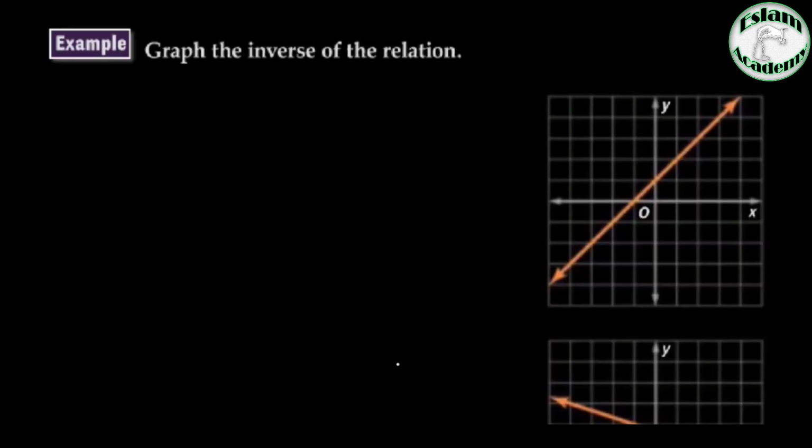Now we need to find the inverse for the graph. To find the inverse of the graph, it's easy. Just find 2 points on the line. The first point which belongs to the line is (0, 1). Find another point. We have here (-1, 0).